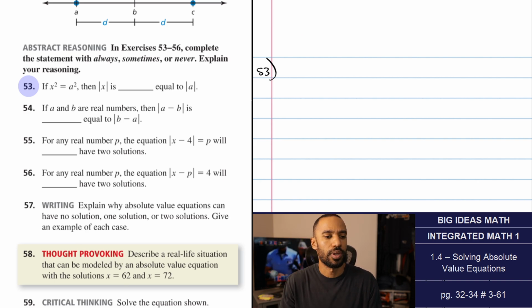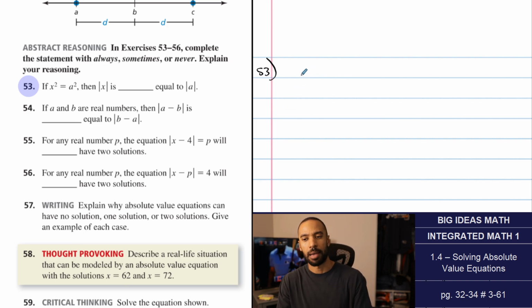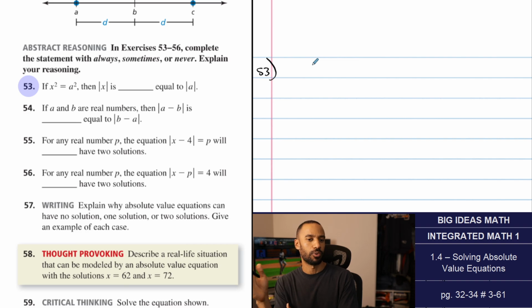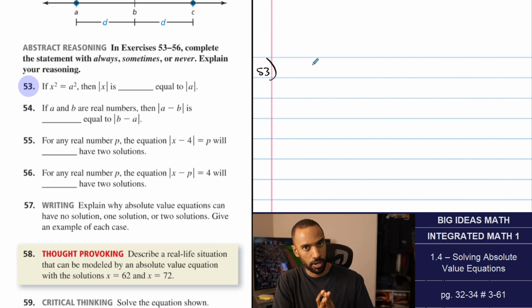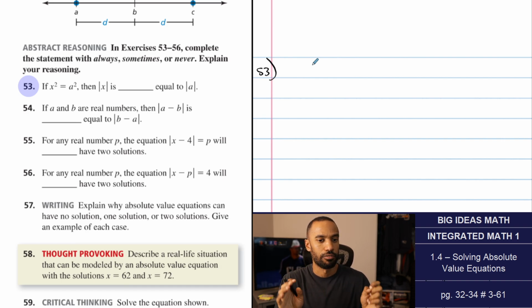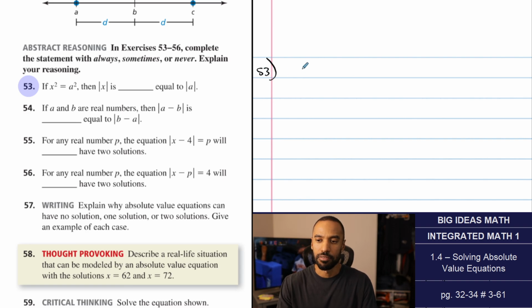So, okay, number 53 says if x squared equals a squared, then the absolute value of x is blank equal to the absolute value of a. Is it always equal, sometimes, or never? Squaring real numbers turns them positive. Taking the absolute value of numbers turns them positive. I believe that the absolute value of x is always equal to the absolute value of a.